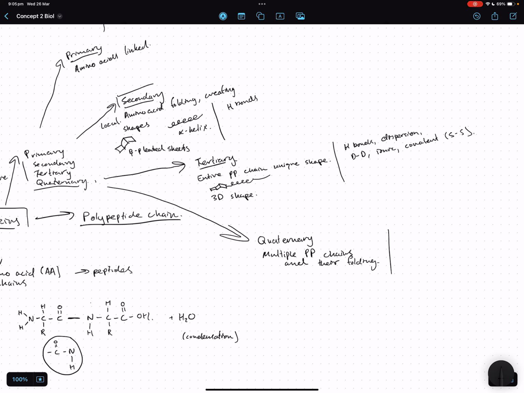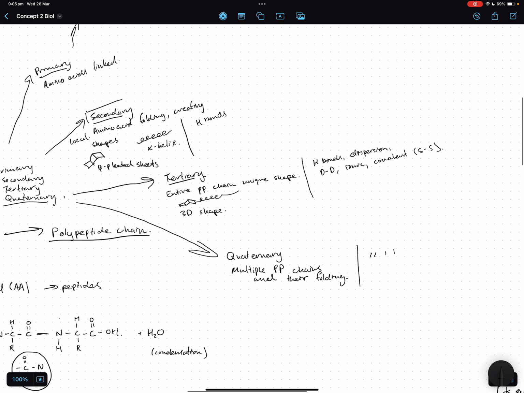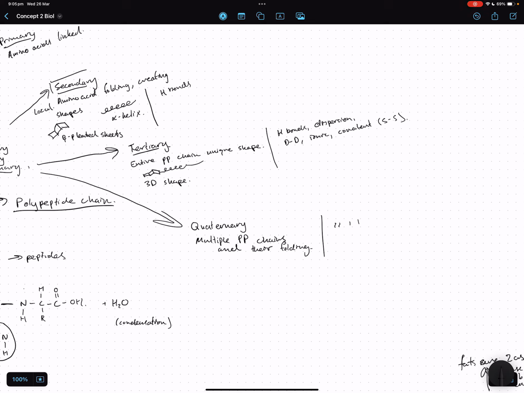It's all as above for forces, but basically it's how multiple polypeptide chains fold in on themselves and create this quaternary structure. This is the biggest one. It's all the chains and the way they interact and fold in on each other. That's what it is.